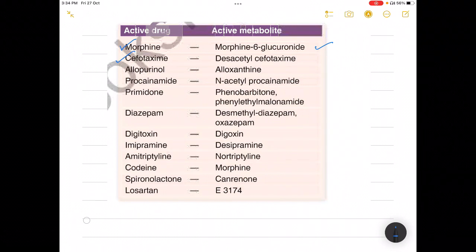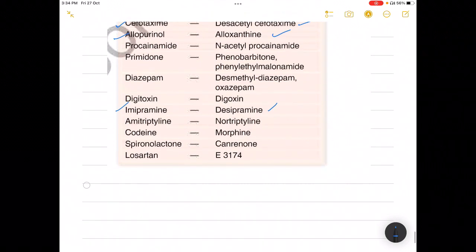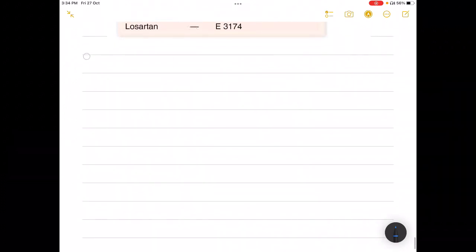Next example of this is cefotaxime is converted into deacetylcefotaxime, allopurinol to alloxanthine, imipramine to desipramine, and amitriptyline to nortriptyline, and so on.